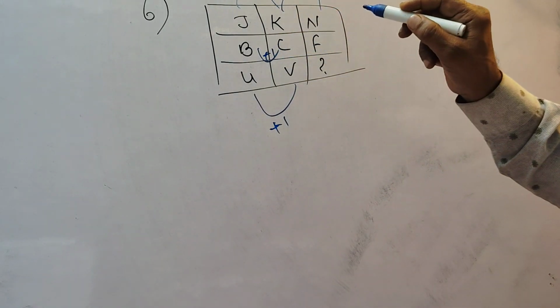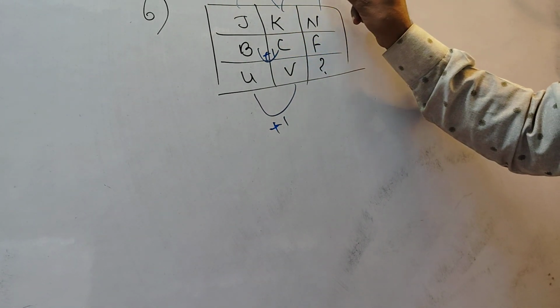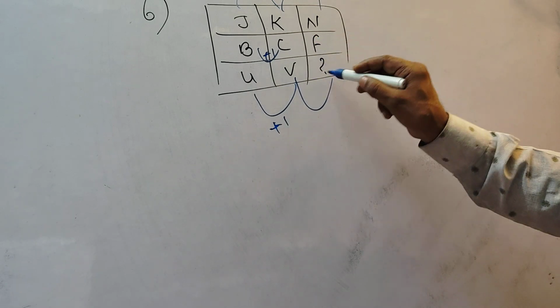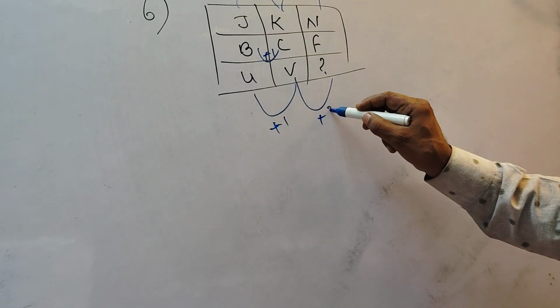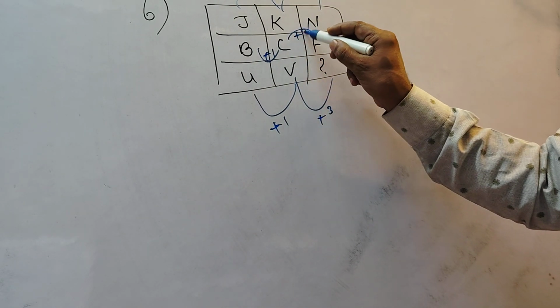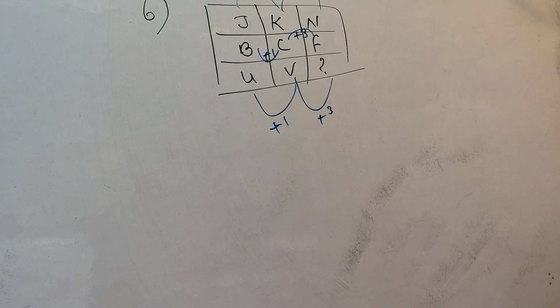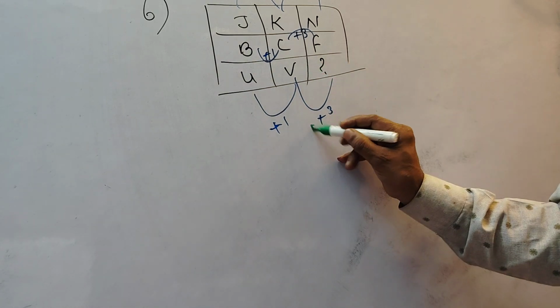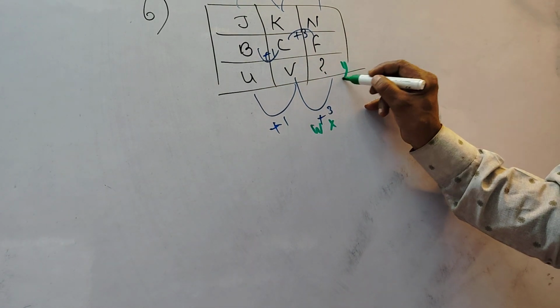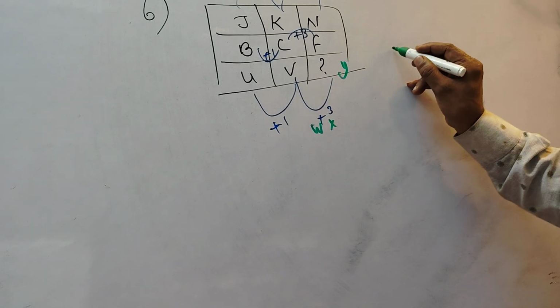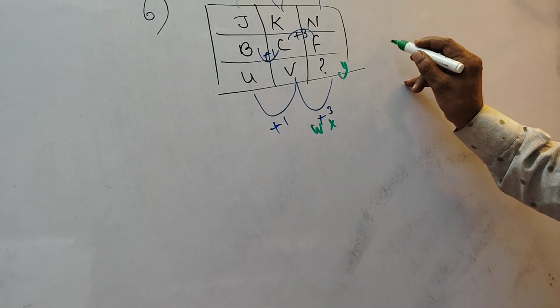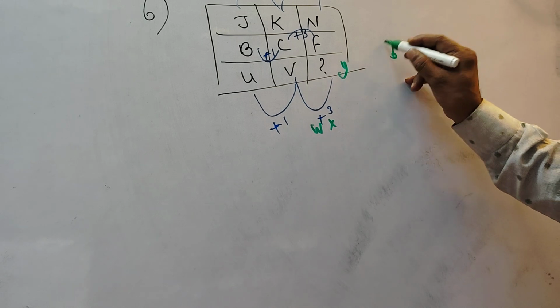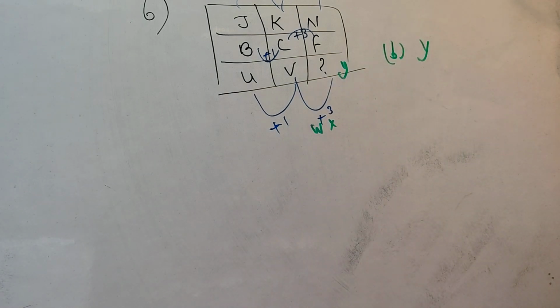Now K to N there is plus 3, and V to question mark there is plus 3. Similarly, C to F there is plus 3. So the answer will come after V, W X is missing, then Y will come. So in 6, B option, Y is the correct answer.